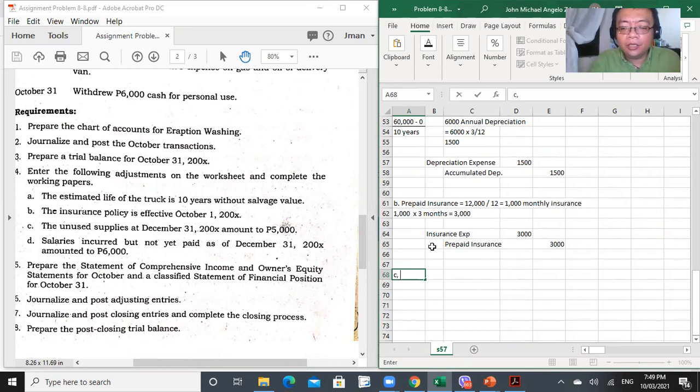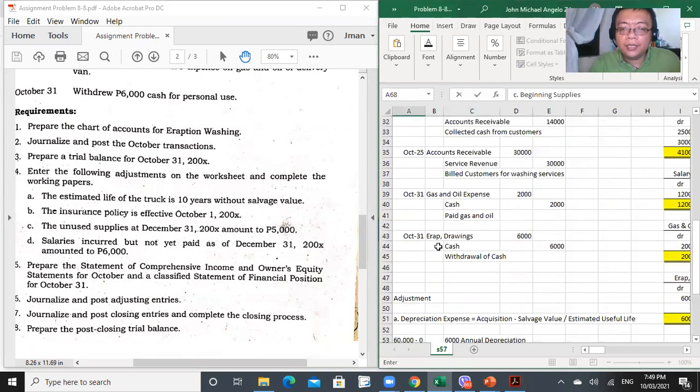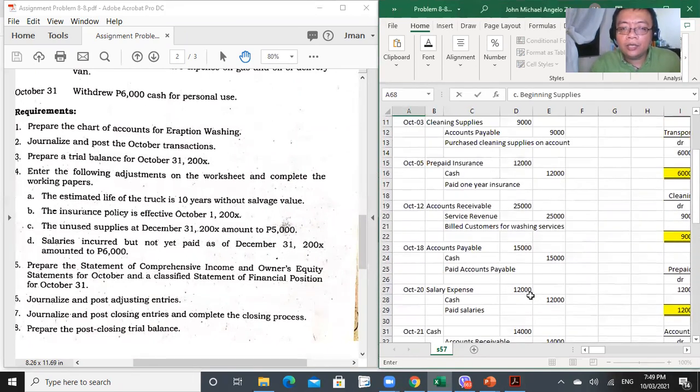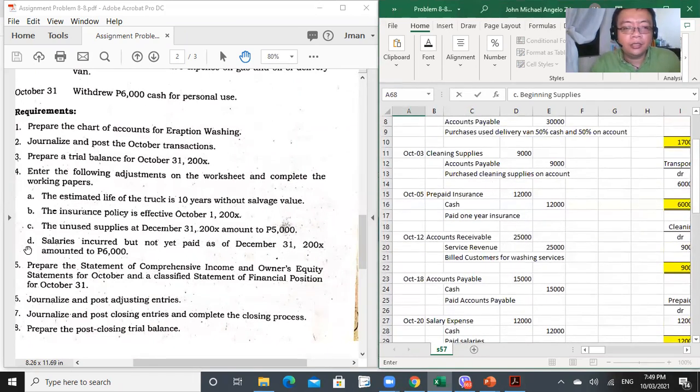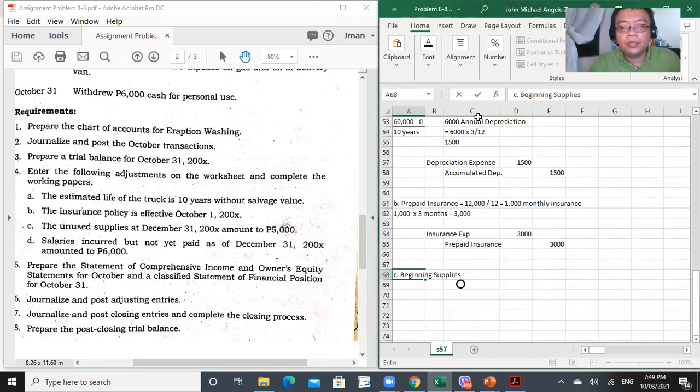If you have ending, what would be your beginning? Okay, you have your beginning supplies. I believe the beginning supplies is 9,000. It belongs to 9,000 cleaning supplies. So you have here 9,000.